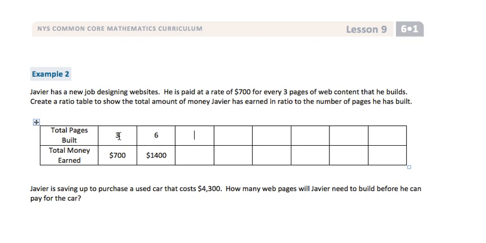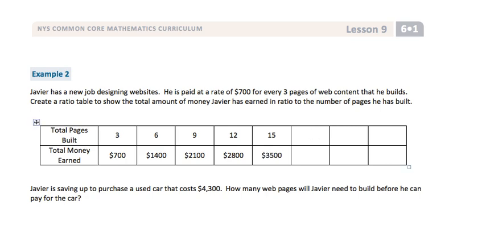If we multiply the original pages and money by 3, we would get 9, and 700 times 3, which is 2,100. If we multiply the original by 4, we would get 12 and 2,800. If we multiply by 5, we'll get 15 pages and 3,500.